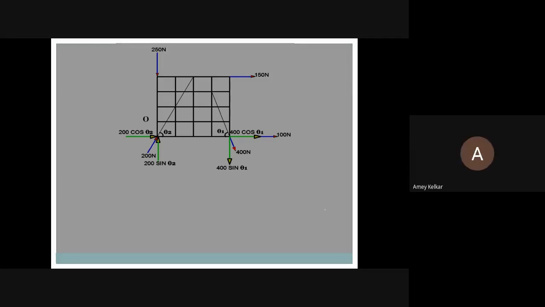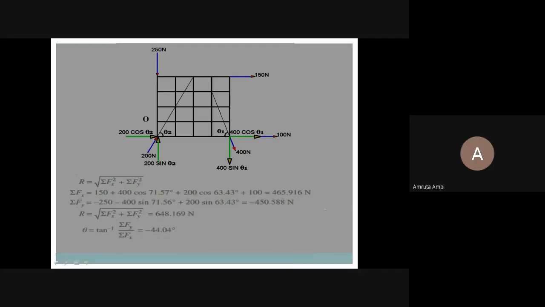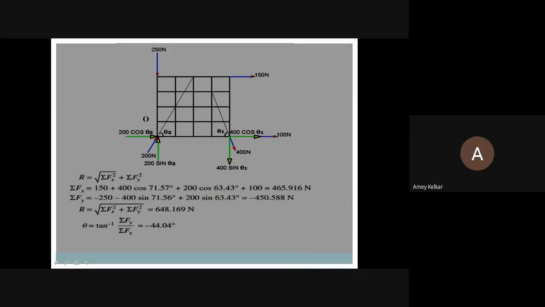Okay, good. Summation Fy: these calculations, be a bit fast. Minus 450. Okay.